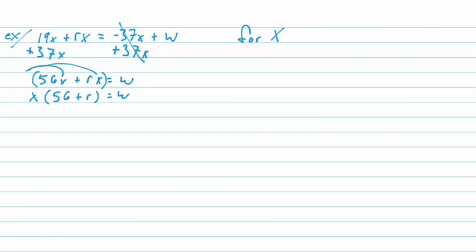It's a little trick there. I can pull it out. If I was to distribute this, it would be 56x plus rx. And when I reverse distribute it, I pull that out. That way I can separate it. From here, I can divide by that whole quantity then to get x by itself.